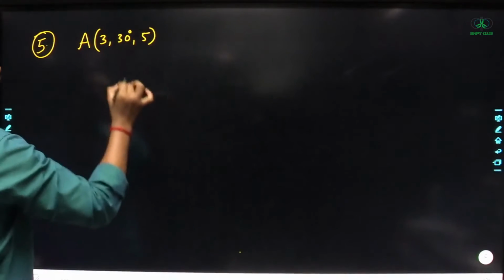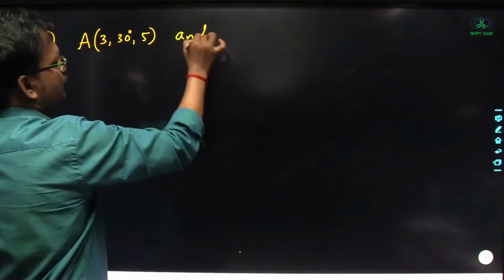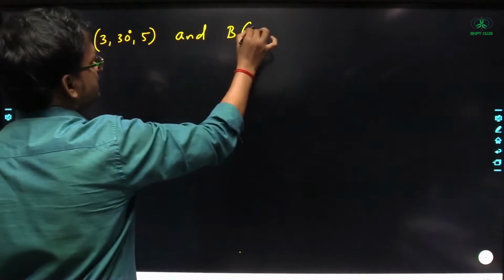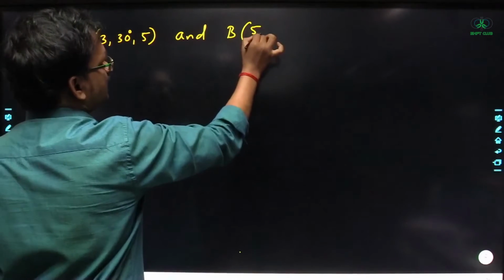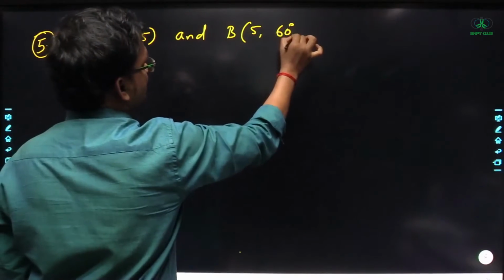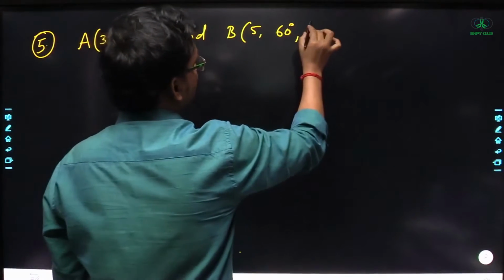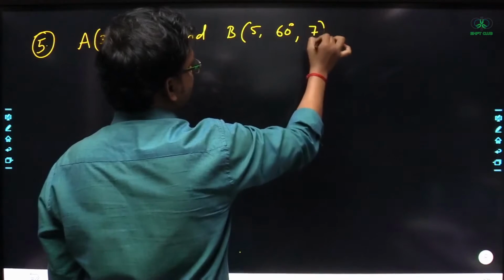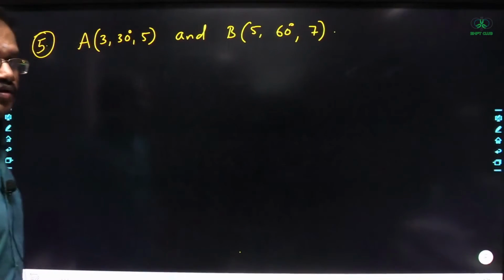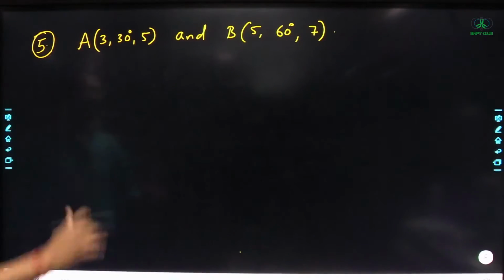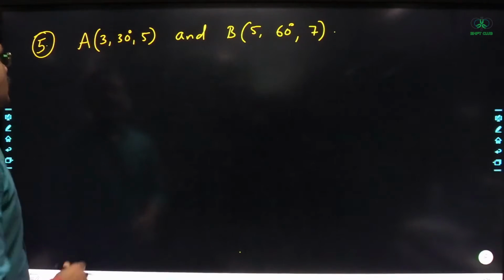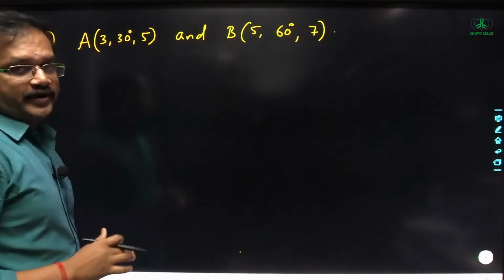And I am giving another point B, that is, let us say, (5, 60 degrees, 7), something like this.